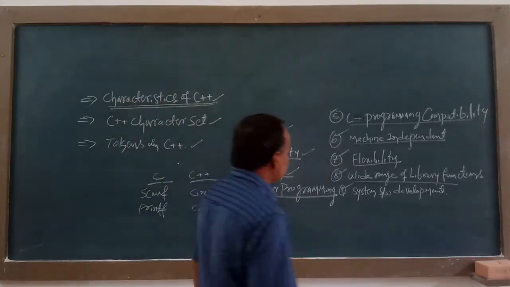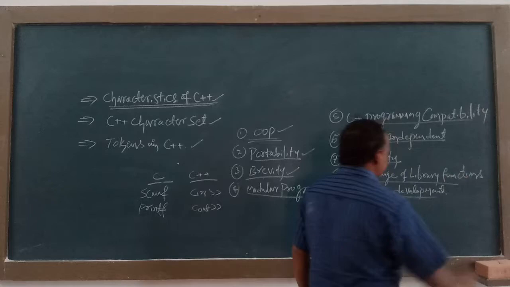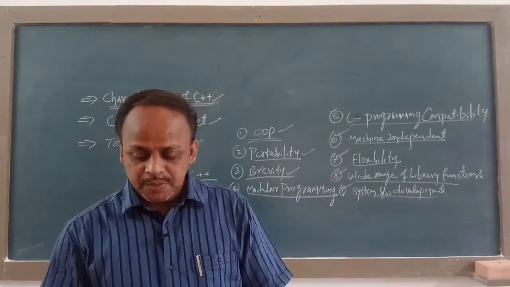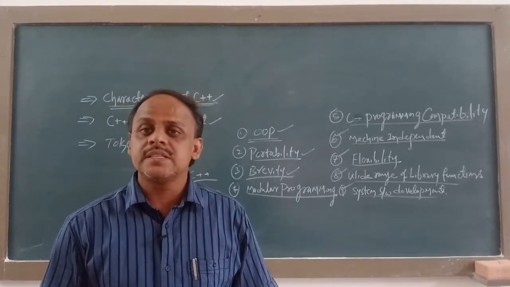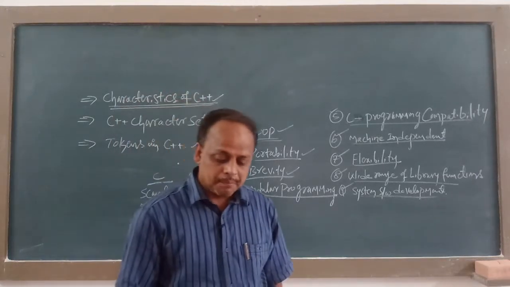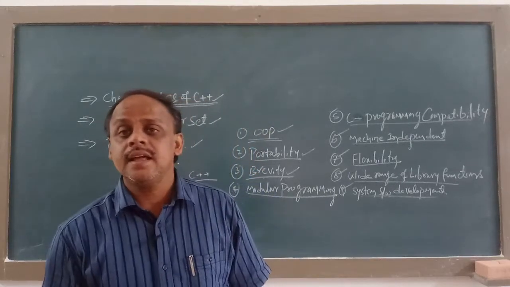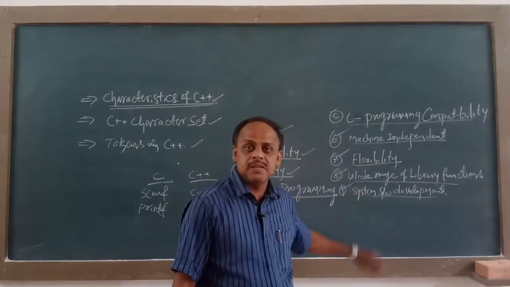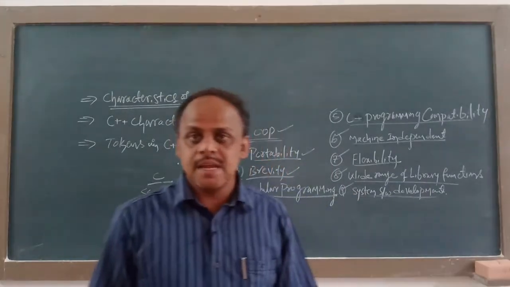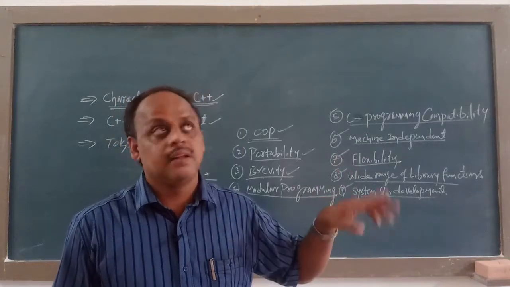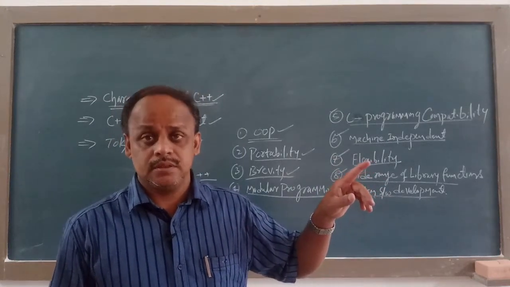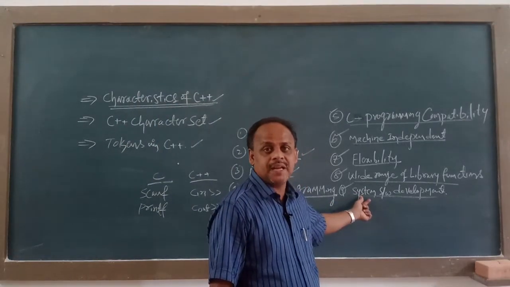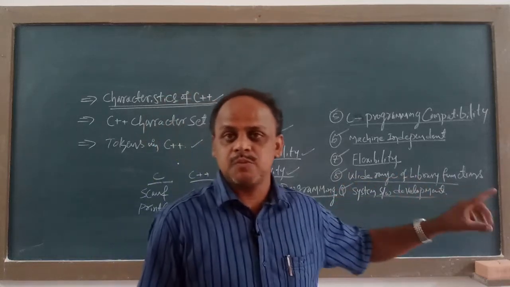And the last point, not least, system software development. It means C++ can be used for developing system software like operating systems, compilers, editors, and databases. For example, in the basics of programming, I said system programs and application programs, right?